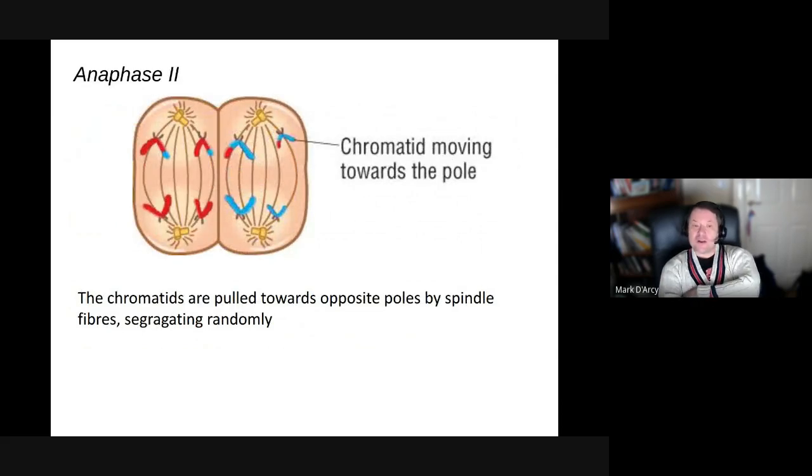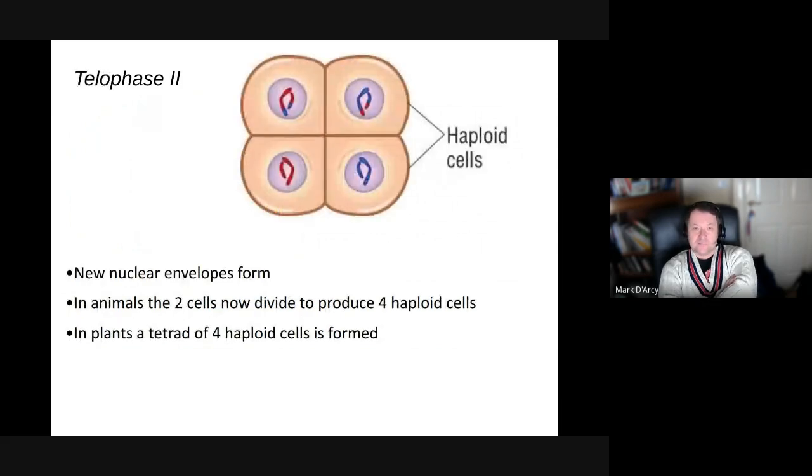Spindle fibers contract and just one set of chromosomes will be pulled to each pole of each cell. Telophase 2. New nuclear membranes form. You now have 4 cells. Each is haploid with just one set of chromosomes. Each is unique. In a male, each one will remodel to become spermatozoa. And in a female, we will get a formation of eggs.